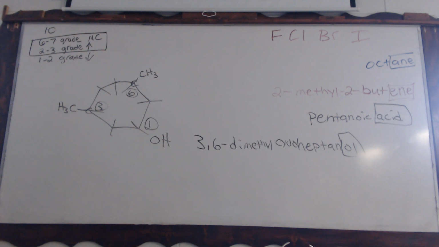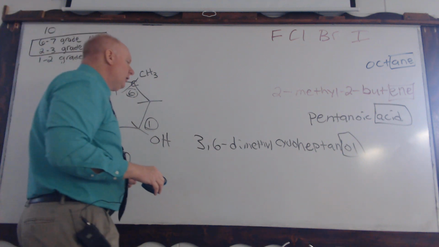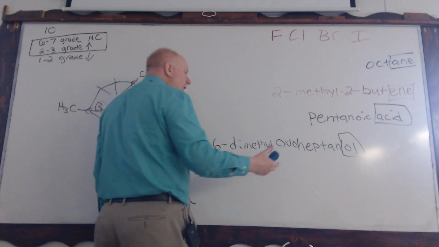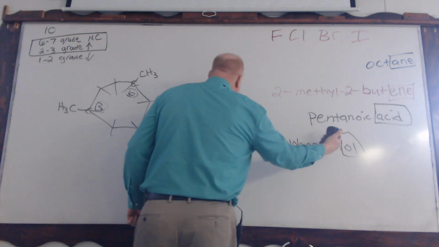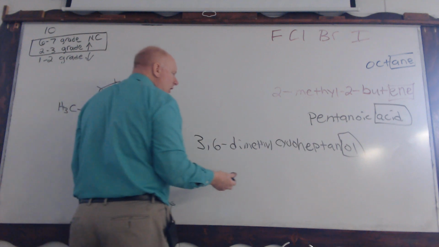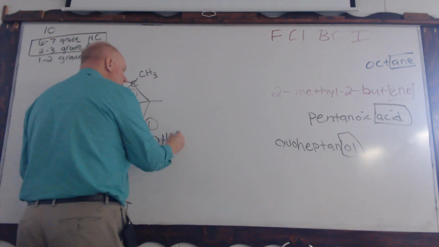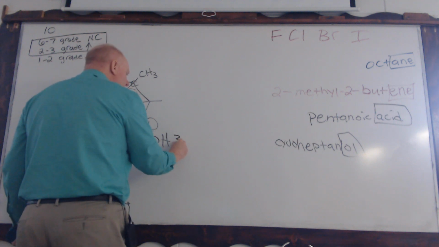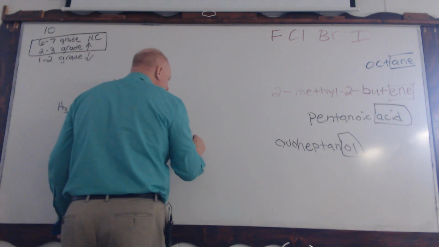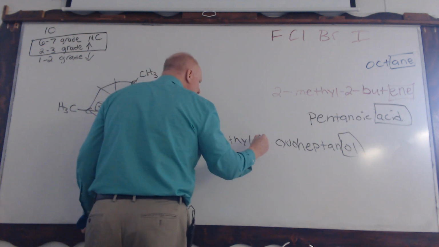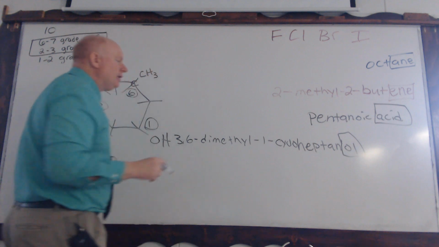You don't have to add anything for the alcohol and the OH? Oh, yes, you do, because we probably should, even though it's probably just understood that it's on the first one. So that's what we do at the senior level, but maybe 3,6-dimethyl-1-cyclohexanol.